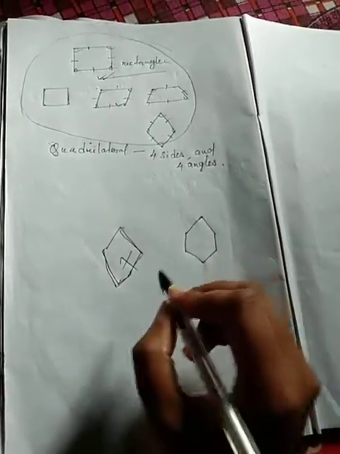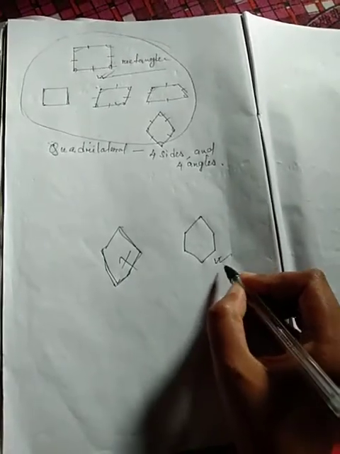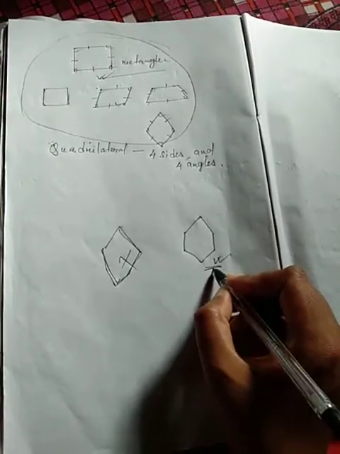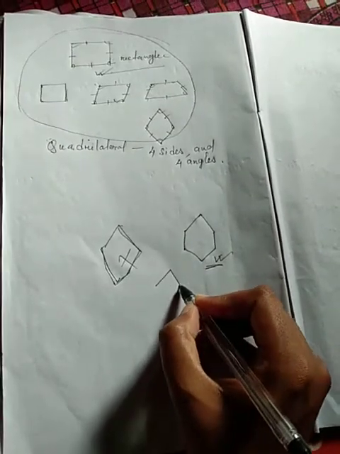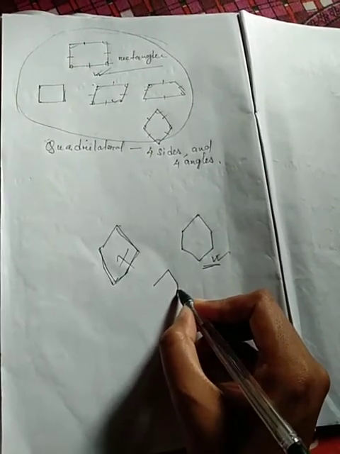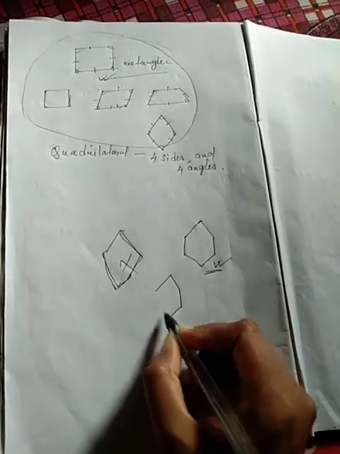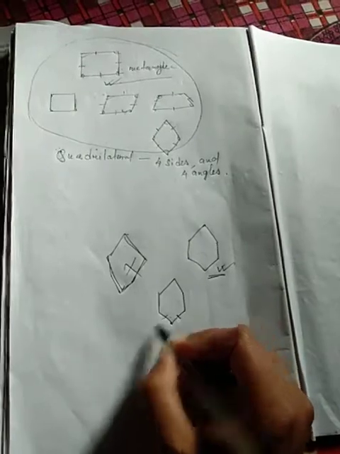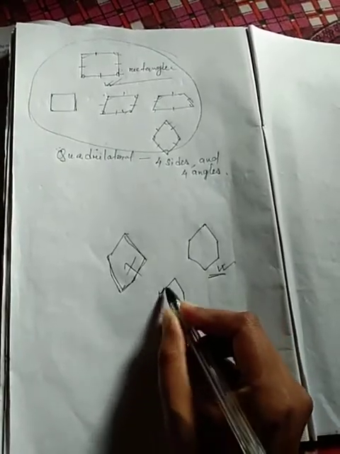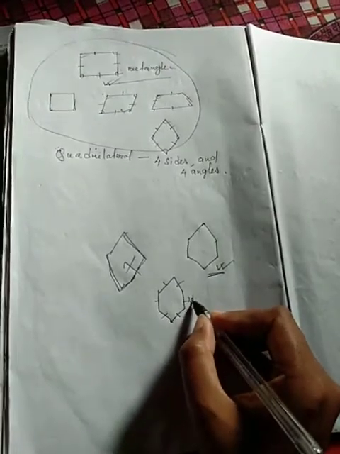This also has 6 sides, but it is not convex. This is not regular. If you make a regular hexagon, remember all sides of the regular hexagon must be equal. That means this side, this side, this side, all sides are equal. If it is 2 centimeters, then all sides are also 2 centimeters.